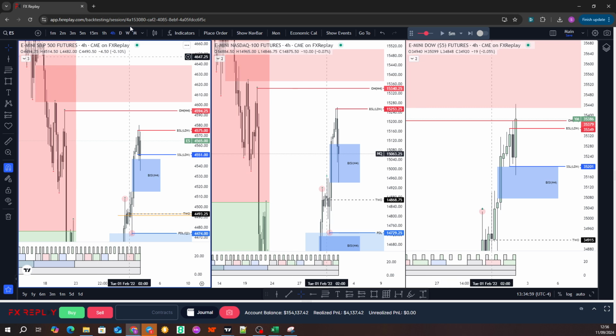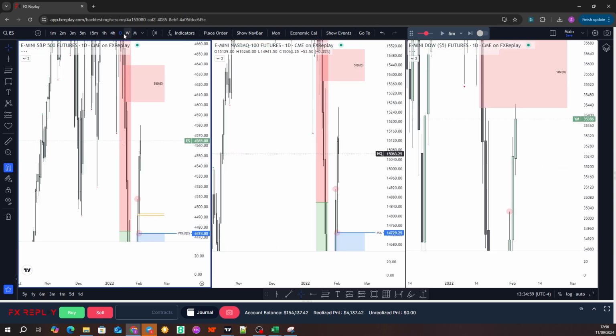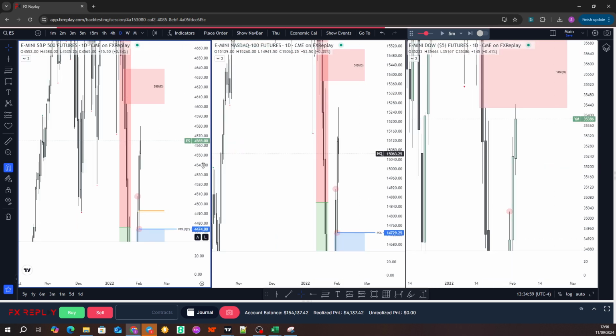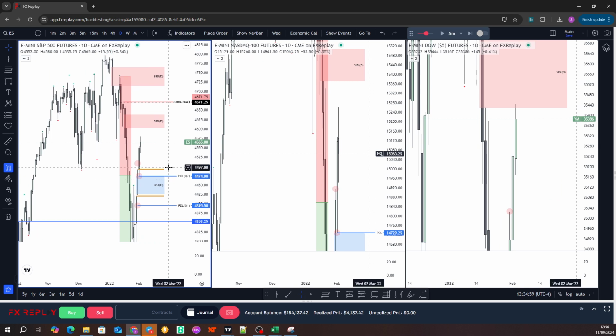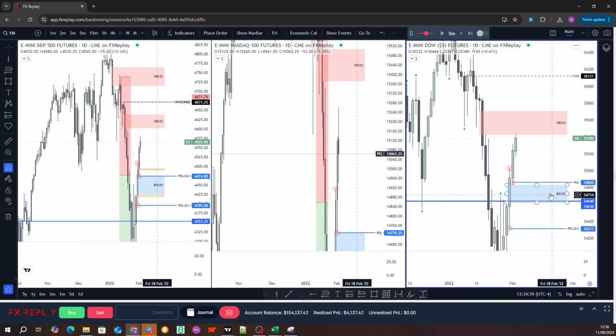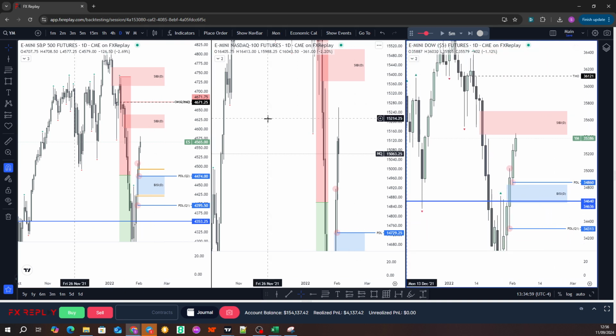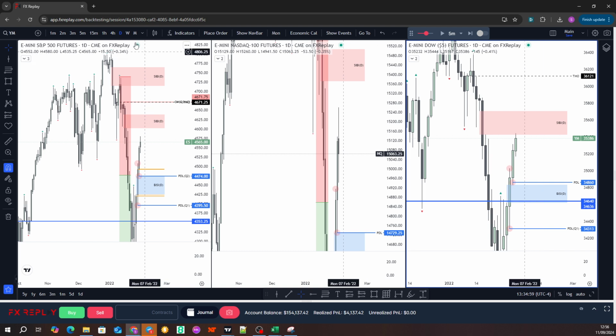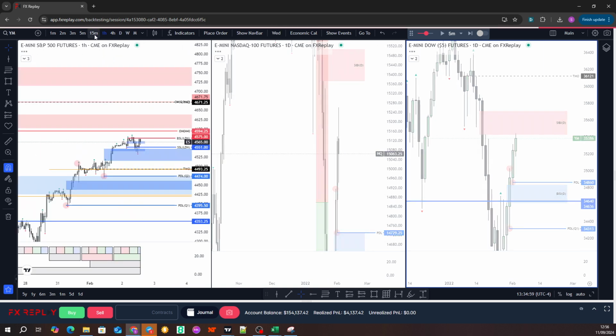So the 4-hour will show it. Yeah, it certainly looks like higher prices. So let's just drop down to the hourly.